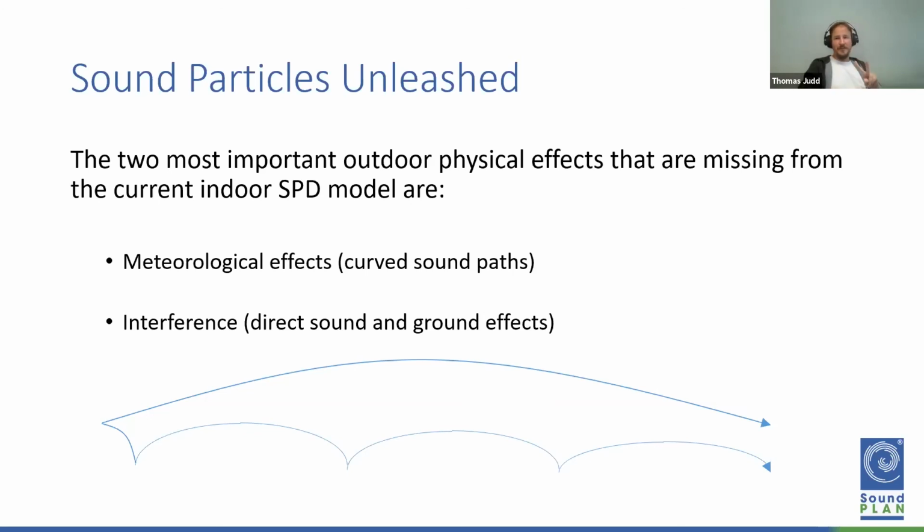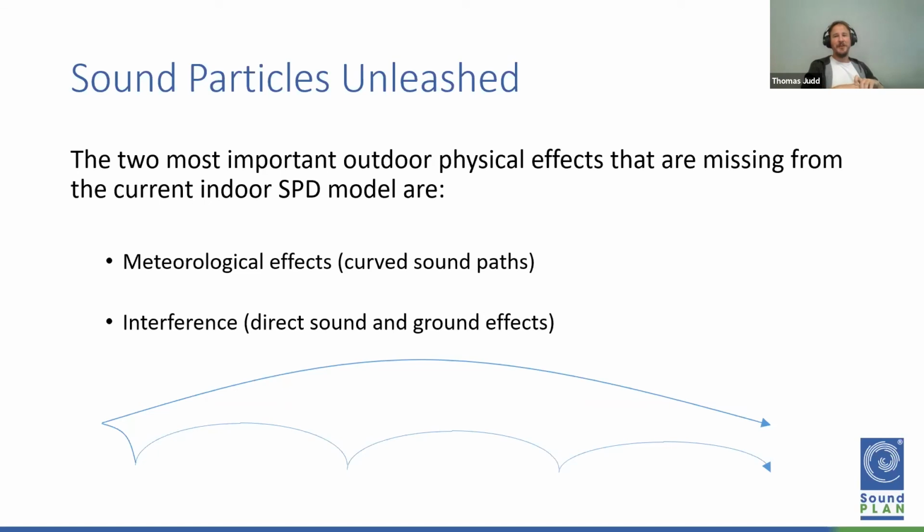The two key things you've got to put back in if you want to do them outdoors are the meteorological effects. So the weather, basically, the fact that the air temperature and thus the sound speed you're dealing with varies with height above the ground. So you end up with these curved sound paths, and this can be absolutely crucial in environmental noise.